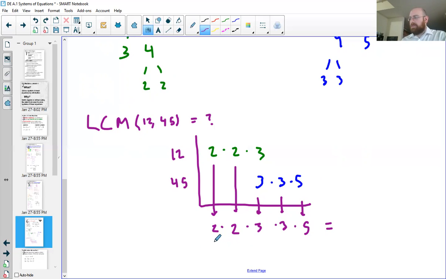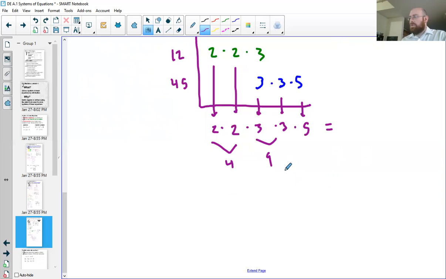So this gives us 4, this is 9. Let's see, 9 and 5 is 45.